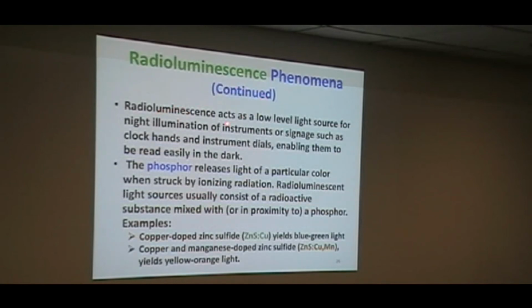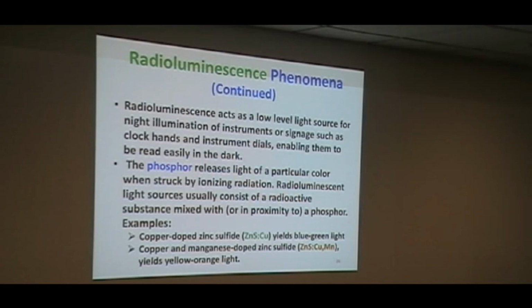Radioluminescence is a means of getting a light source without having to use any external source of power, which means things like signage, clock hands or instrument dials can be read in the dark because they're glowing with that color. And that particular color comes from the chemical composition of the phosphor.